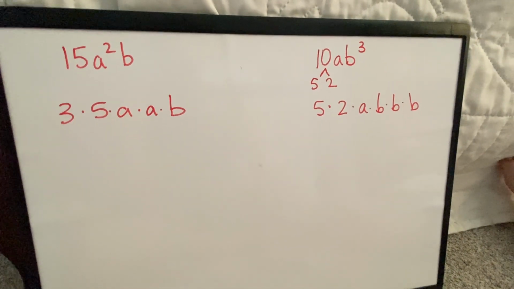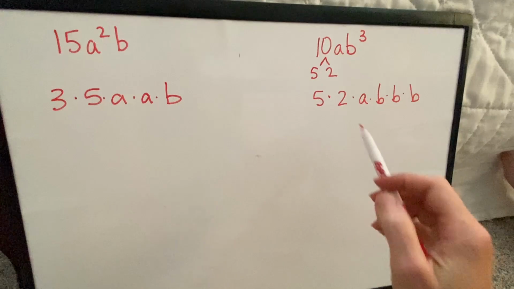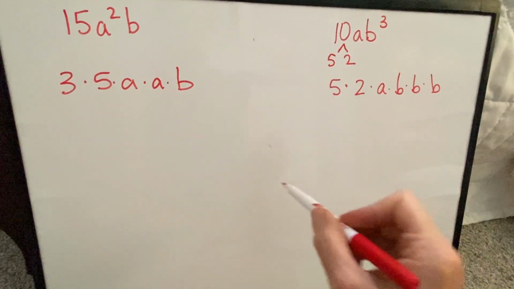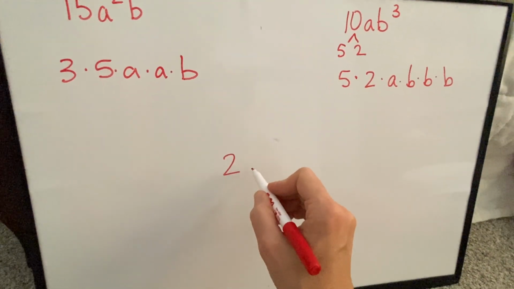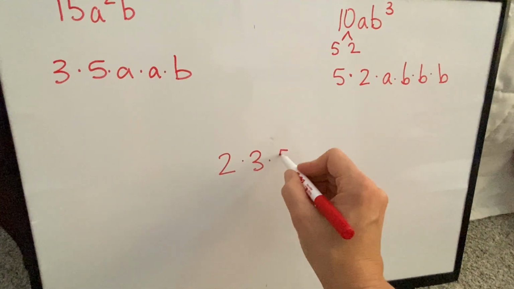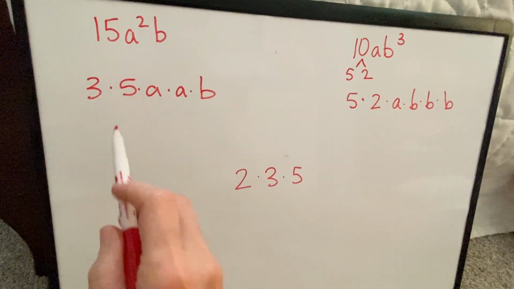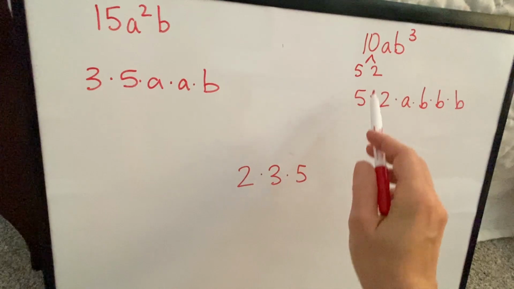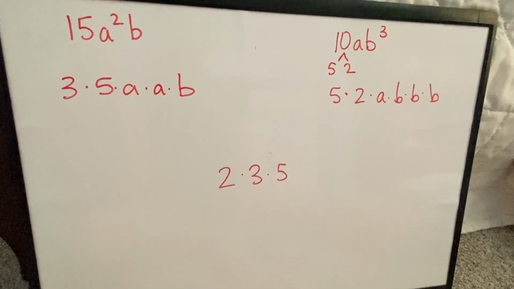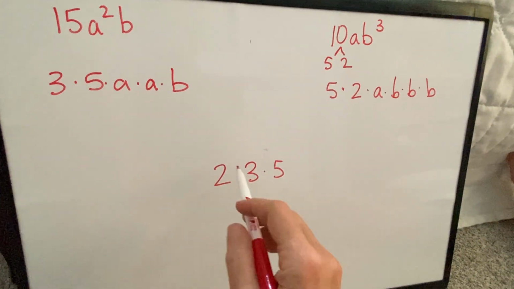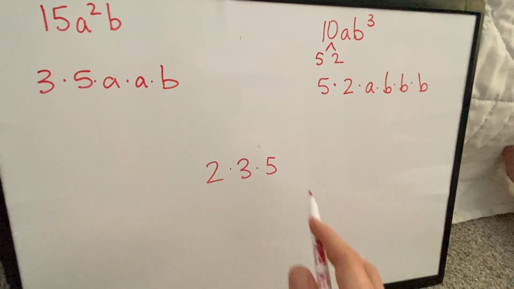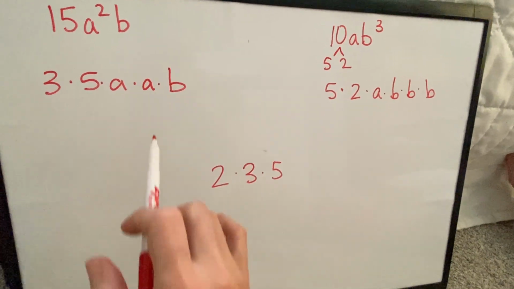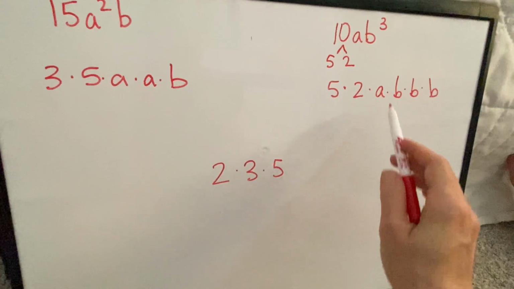Okay, so we have to use our prime numbers. So we've got a 2, we've got a 3, and we've got a 5. And fortunately for us, they're all ones, okay? The exponent is a 1. So we're not going to have a 2 squared, a 3 to the third, or anything like that, okay? Now we've got an A and an A here and an A here.